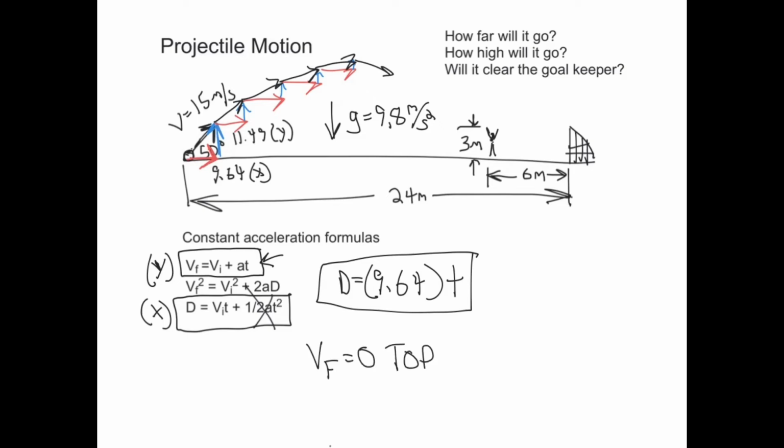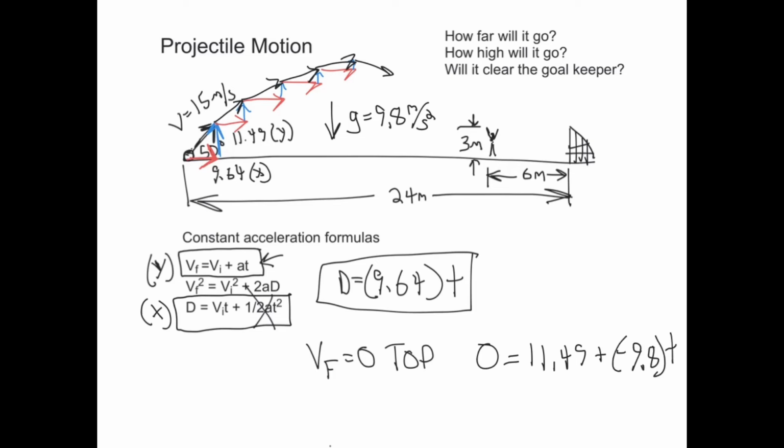So considering once again the velocity at the top to be 0, we're going to use the 11.49 initial velocity, and once again, acceleration to be a negative 9.8.